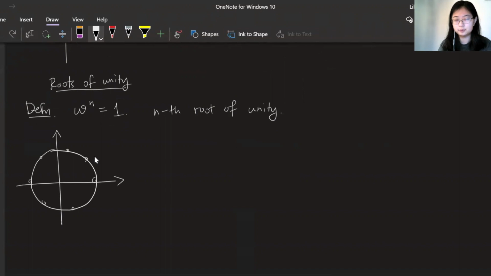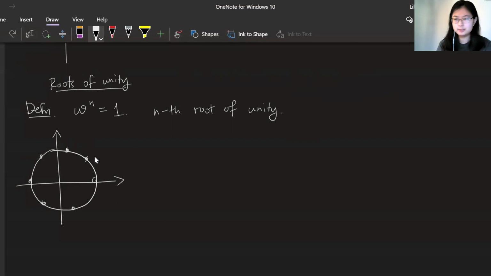I don't know how many points I drew here, maybe 1, 2, 3, 4, 5, 6, 7. So this would be a representation of the 7th roots of unity, loosely speaking. This is not as even as I thought it would be, but trust me, they're spread evenly. As an exercise, you can go home and try to convince yourself why the nth roots of unity are endpoints spread evenly on the unit circle.